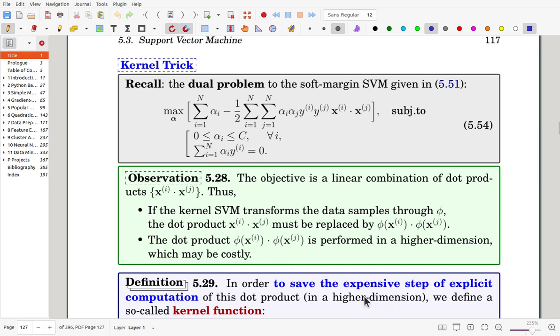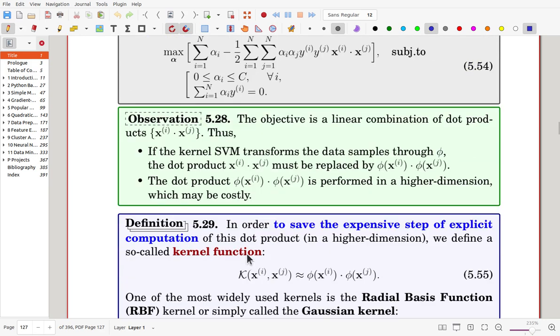To avoid the expensive explicit computation of the dot product, we may define a so-called kernel function k(xi, xj), which is used for replacing this explicit dot product. It can be an approximation, or a function related to xi and xj.